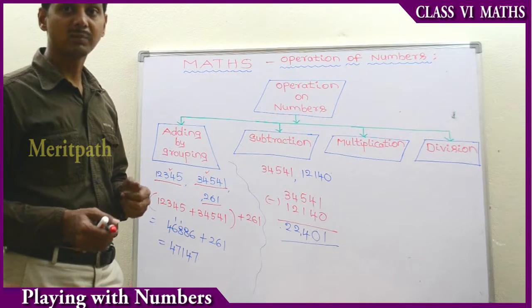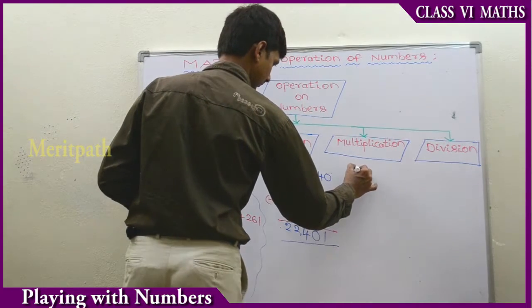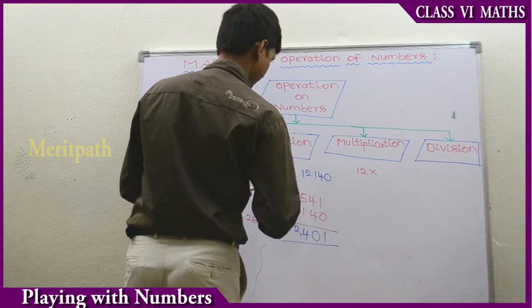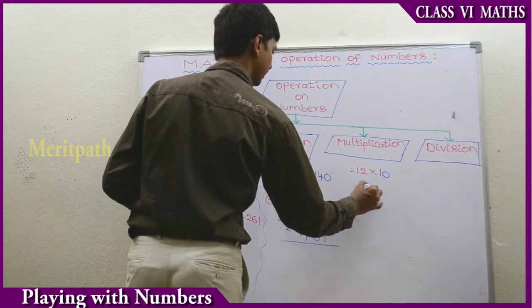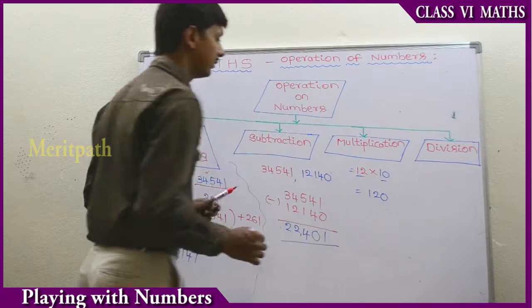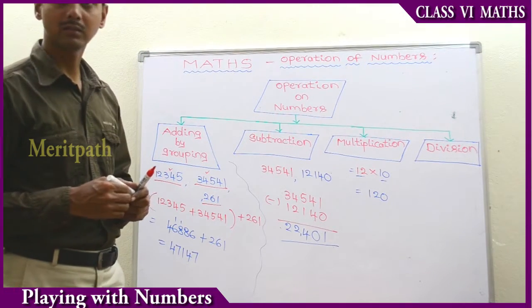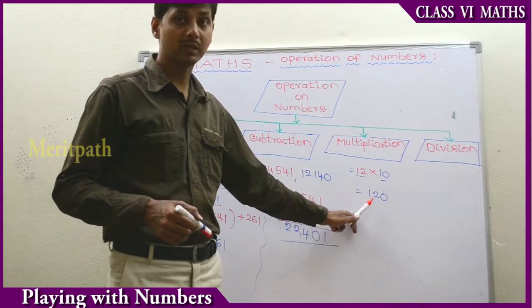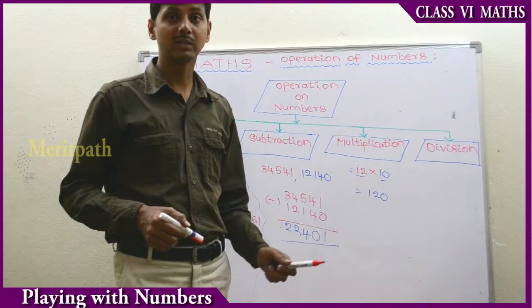So let's go to multiplication. We'll take any two numbers, 12 into 10. 12 into 10 is 120. So 120 is called the product of 12 and 10.